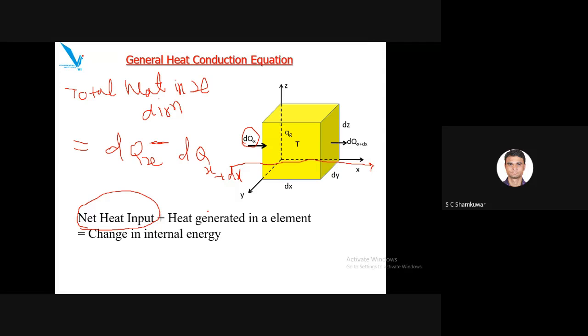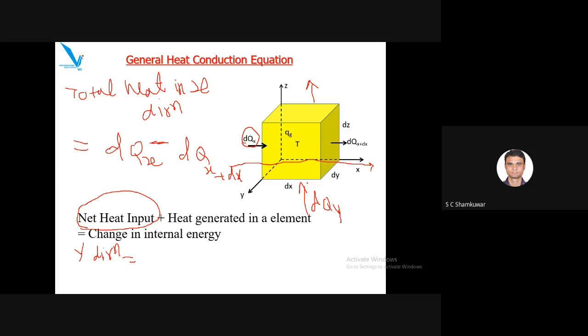Okay, similarly in the y direction, what will be the total heat? This will be dq y.